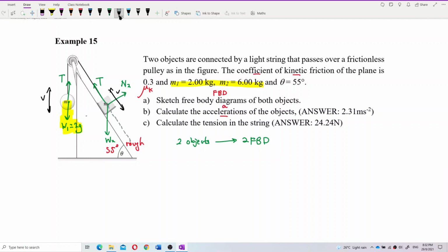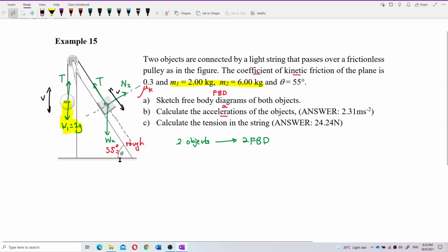First of all, we draw the x and y axes. To find the x component of weight 2, we need to resolve weight 2 into x and y components. To resolve that, we need angles. Still remember, you see here, this angle is 55 degree.